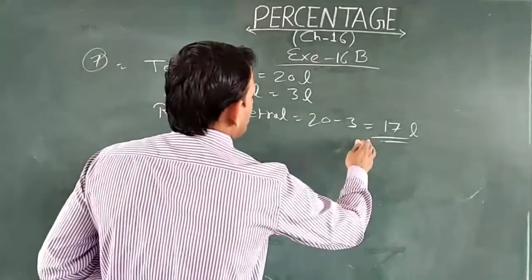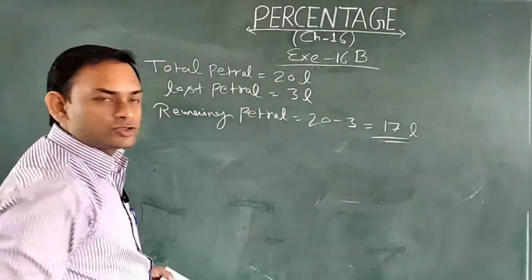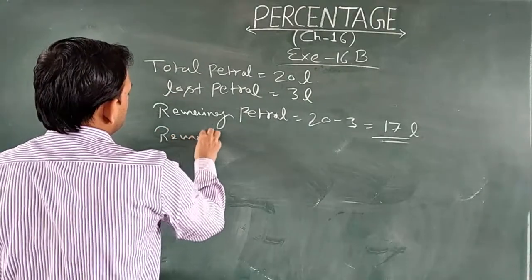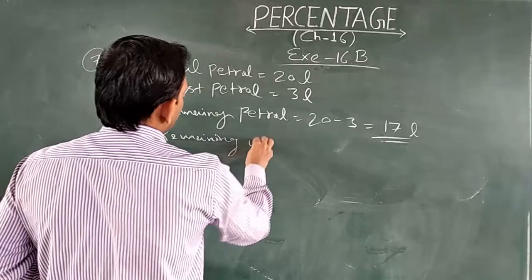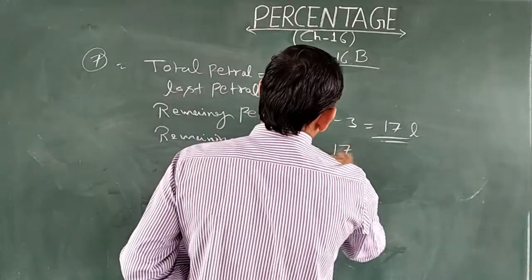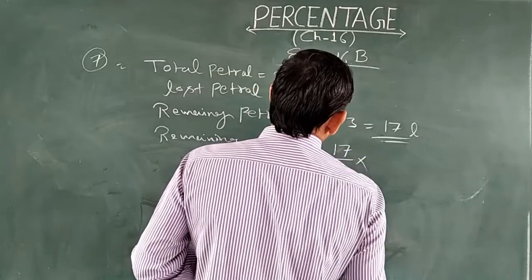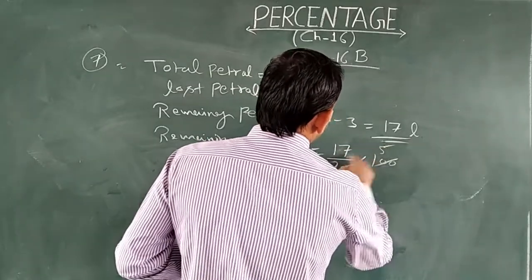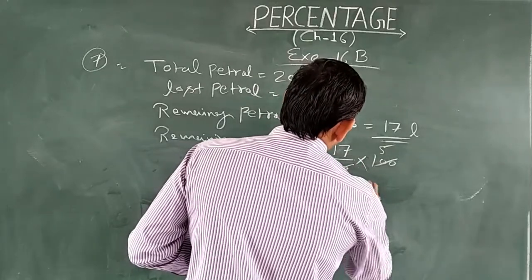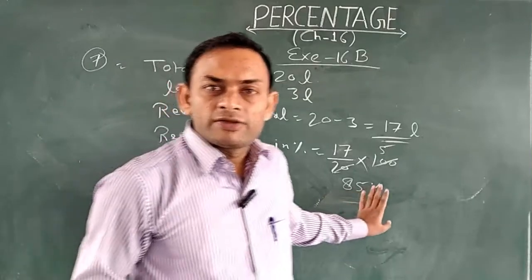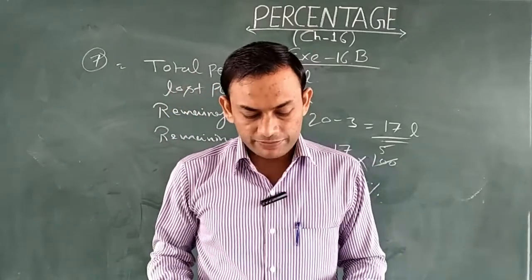Means 17 is what percent of 20? So remaining petrol in percentage is equal to 17 upon 20 multiplied by 100. 5s are 100, and 17 5s are 85. Means 85% petrol is left in the tin.